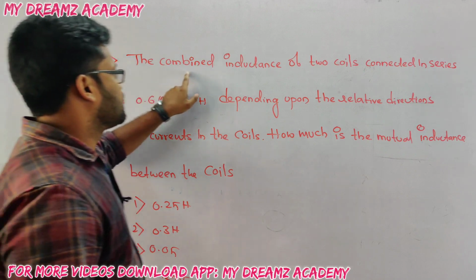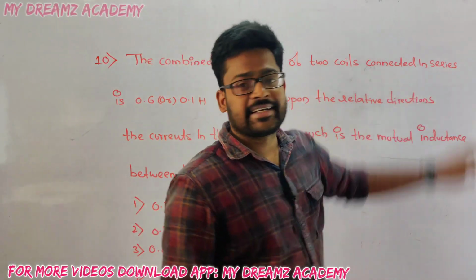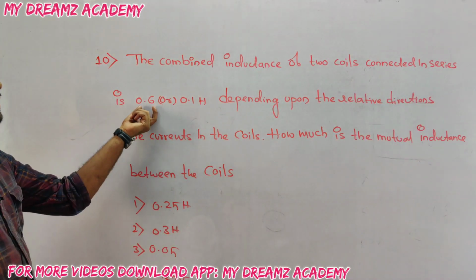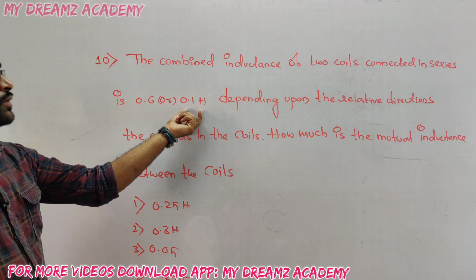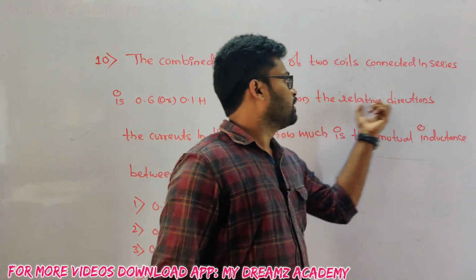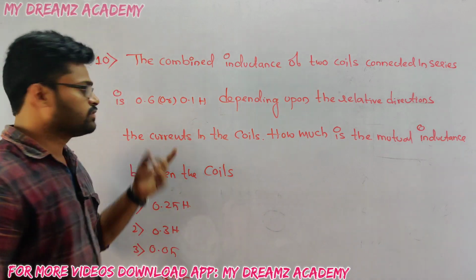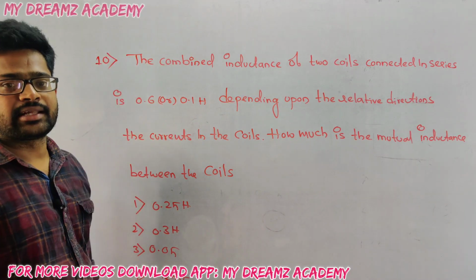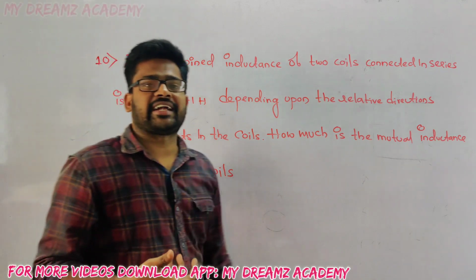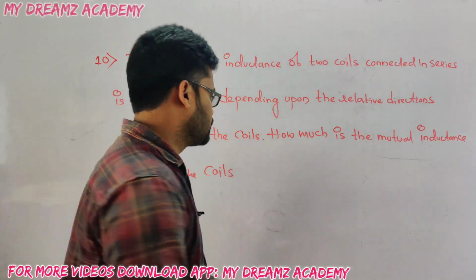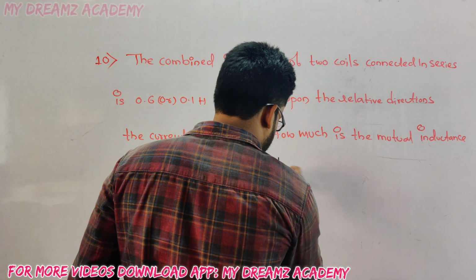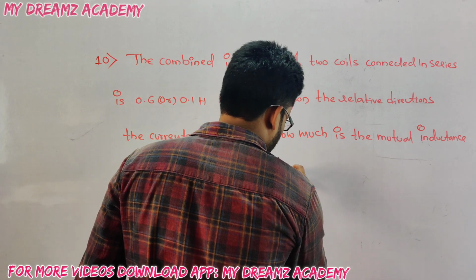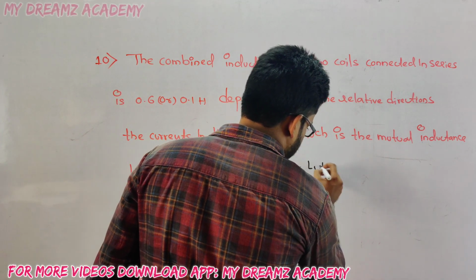10th question: the combined inductance of two coils connected in series is 0.6 or 0.1, depending upon the relative directions of the current. If it is mutually aiding, we have high inductance. If it is mutually subtracting, then we have less inductance. When inductors are connected in series with no mutual inductance, L equivalent is equal to L1 plus L2.